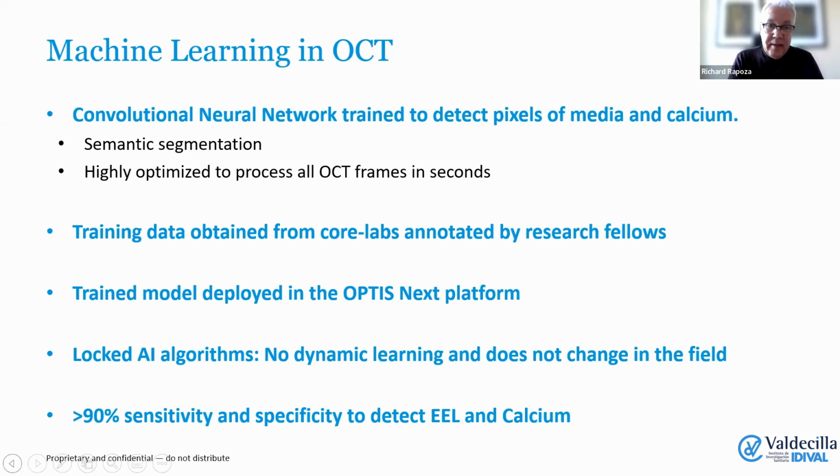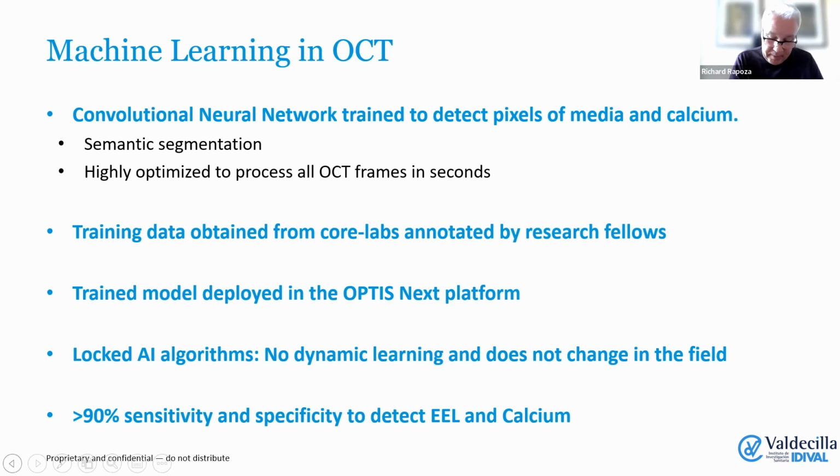We manually annotated half of that data with core lab fellows so that we could create the ground truth and then feed it to the algorithm, train the model, and develop the model that was deployed in the Optis Next platform, because it has more computer power than the previous platforms. Then we locked the AI algorithms once they were developed, with no dynamic learning in the algorithm.